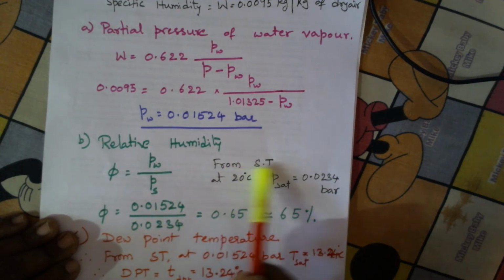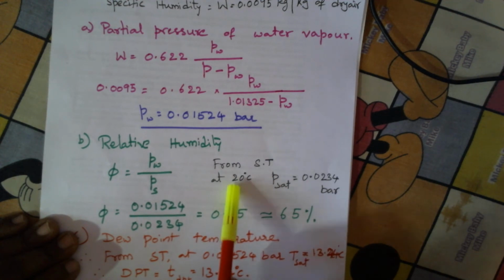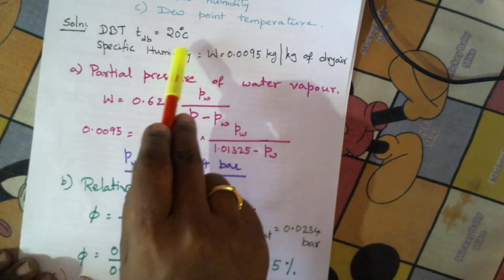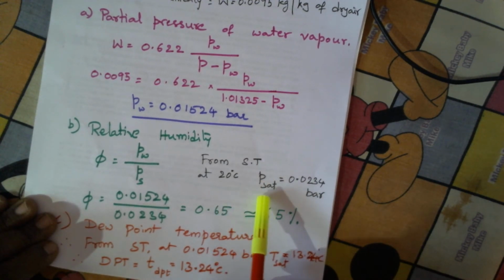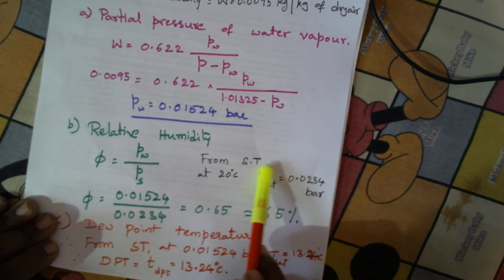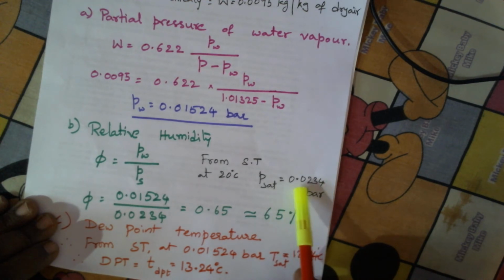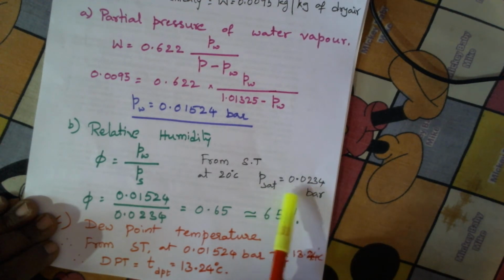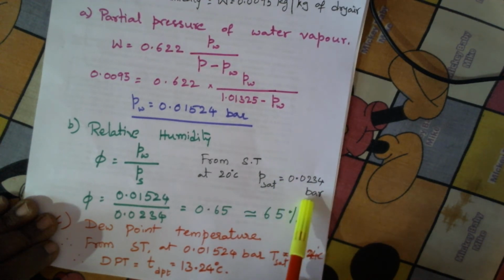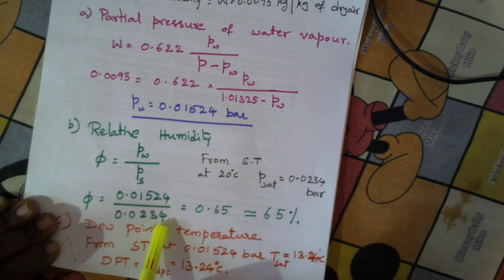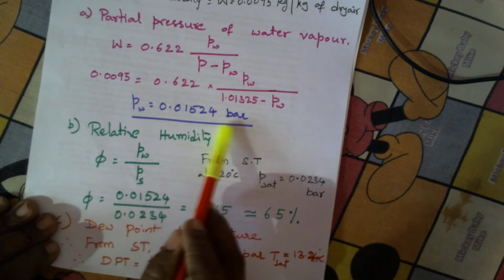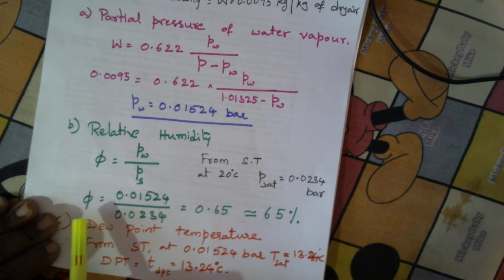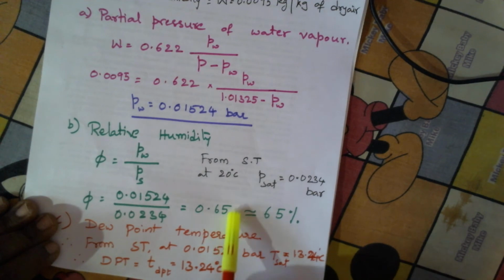So from steam tables at 20 degrees centigrade, because dry bulb temperature is equal to 20 degrees centigrade, look at the saturation pressure. Its value is 0.0234 bar. Therefore, substitute this saturation pressure 0.0234 in the denominator, and Pw, which is calculated just now, as 0.01524 in the numerator, and you will get relative humidity phi as 0.65 or 65%.